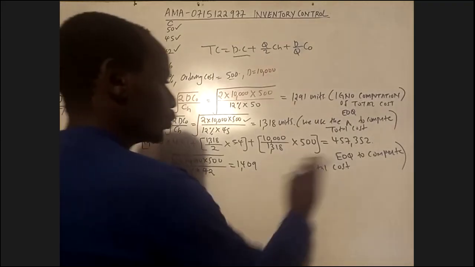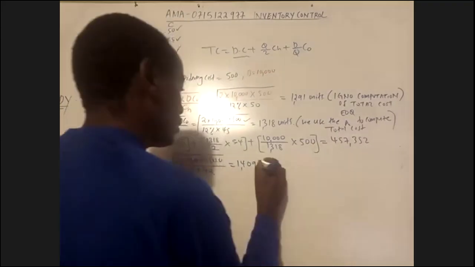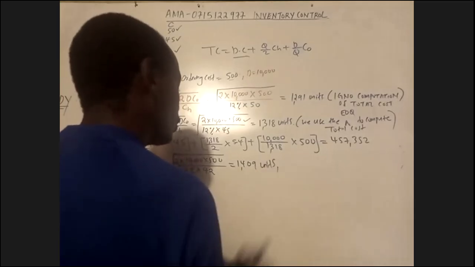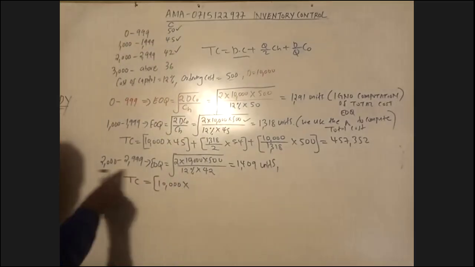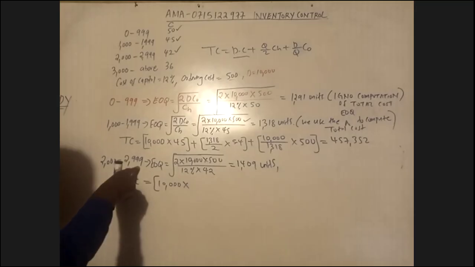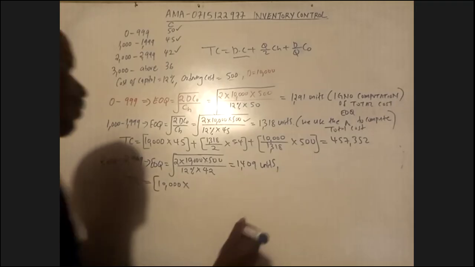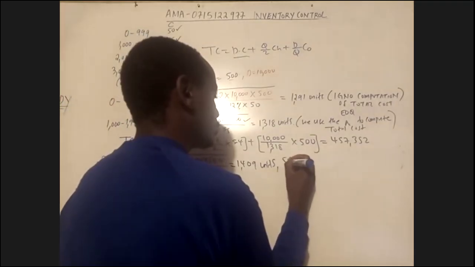Now we are below, since 2,000 is above. If it is below, we use the lowest unit upper. So between 2,000 to 2,999, which is the lowest unit? The 2,000.